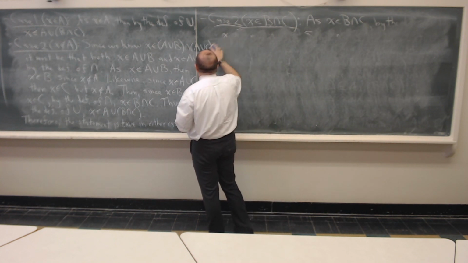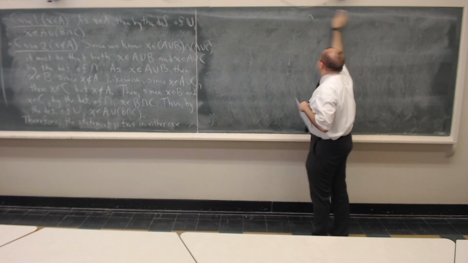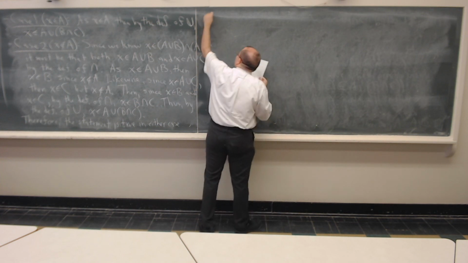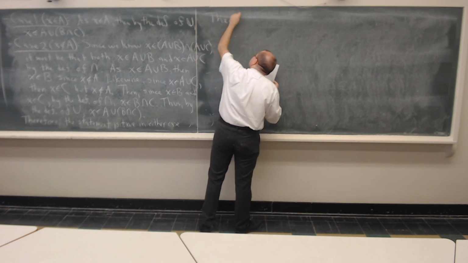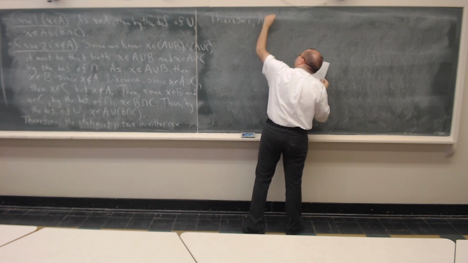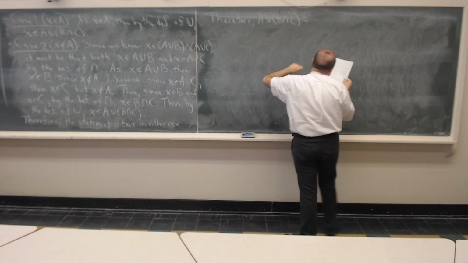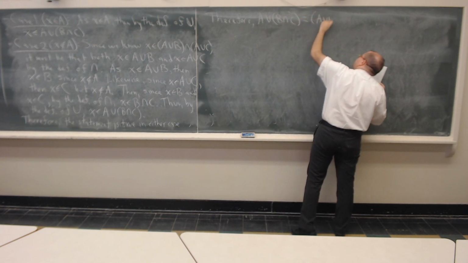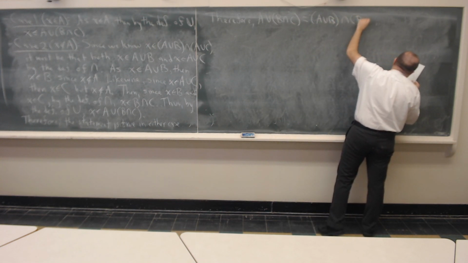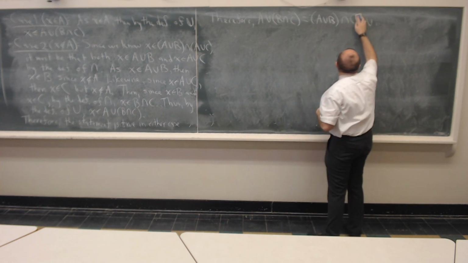Okay. Guess what? I'm done, right? I just have to give my conclusion because I've shown both parts, right? Therefore, A union B intersection C is equal to A union B intersection A union C. Getting a little ahead of myself.